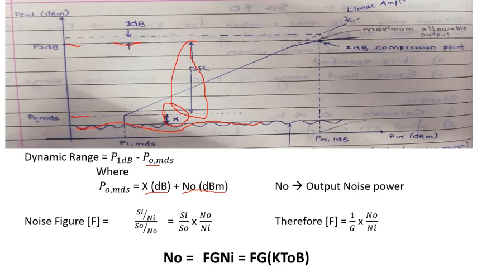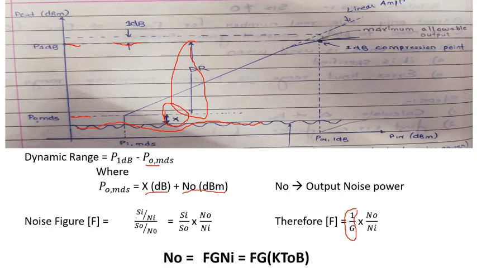Now from the definition of noise figure, we have already seen that noise figure is given by the signal to noise ratio at the input divided by the signal to noise ratio at the output. If you simplify this equation, you will get SI upon SO multiplied by NO upon NI, where SI upon SO can be written as 1 upon G and NO upon NI as it is.